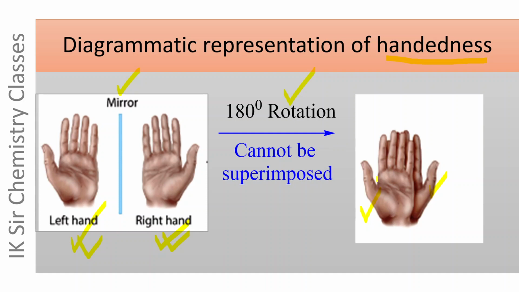And if we try to superimpose our left hand on the right hand, it is not possible. It means our left hand is just the mirror image of the right hand, and this property is called handedness or chirality.